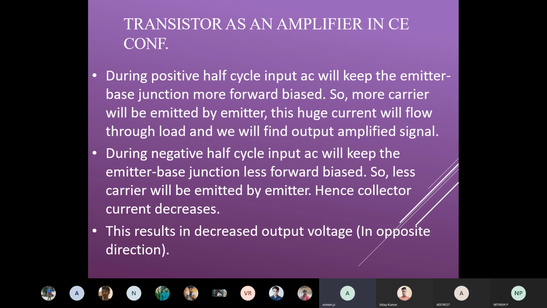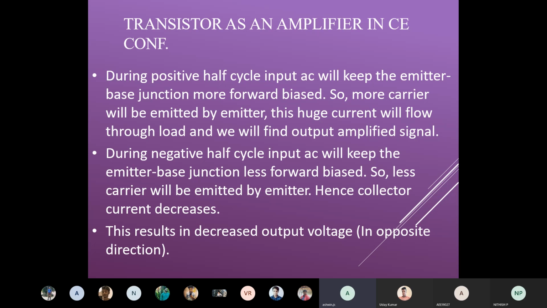In this condition, will the voltage be less or high? Voltage will be less. And during the negative half cycle, the input AC will keep the emitter base junction less forward biased. Less forward bias means it is in off condition.